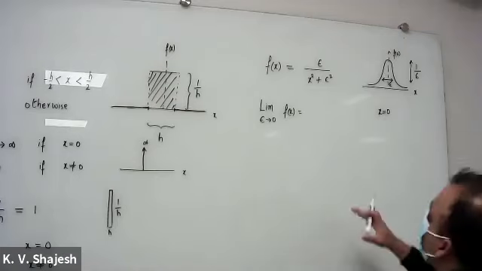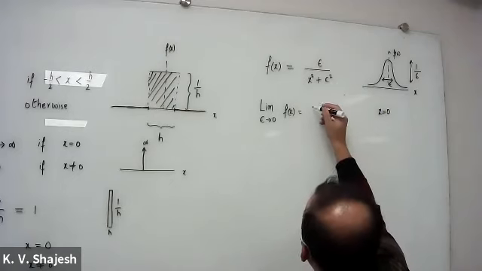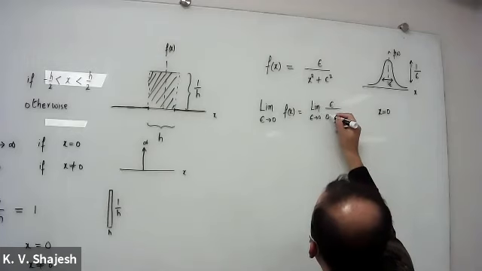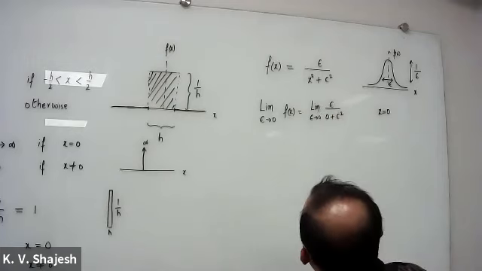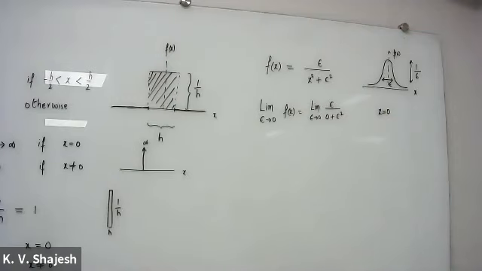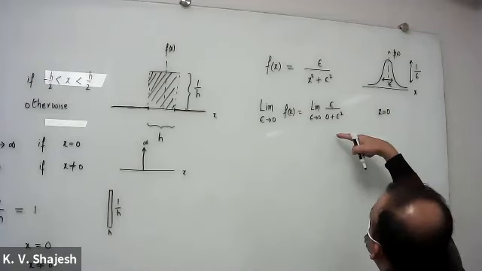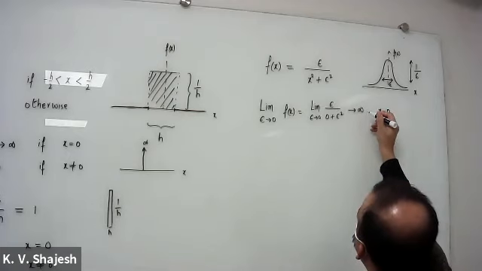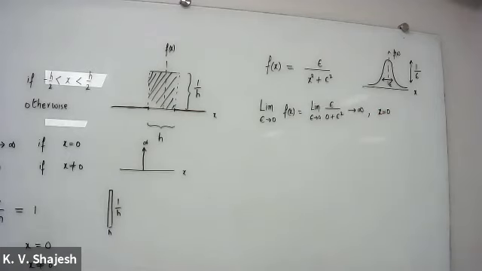You're taking the limit epsilon tends to 0 of epsilon over 0 plus epsilon square. So you set x to 0 to begin with, and that's 1 over epsilon, so that's infinity. So you again capture the fact that that's infinity.